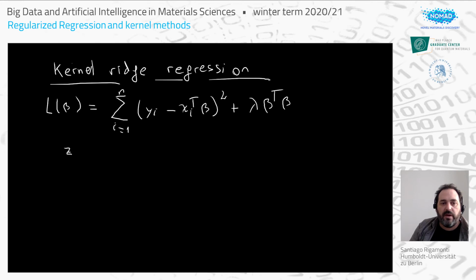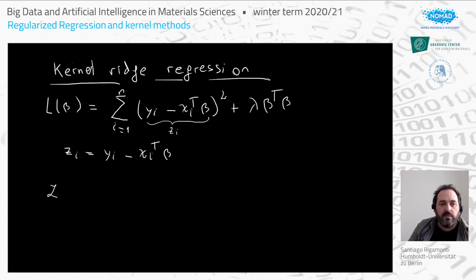I will write them here: set zeta_i equal to y_i minus x_i transpose beta. So these are my variables zeta_i. Then this Lagrangian, as I will start calling it, will depend not only on beta, but we will say that zeta_i are independent variables now.